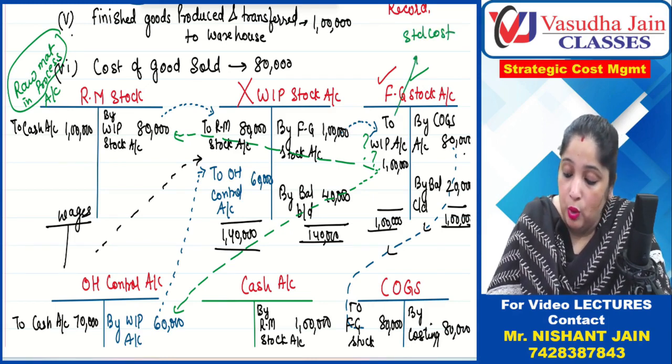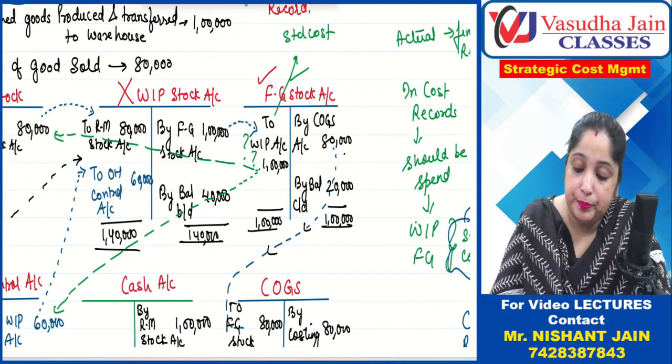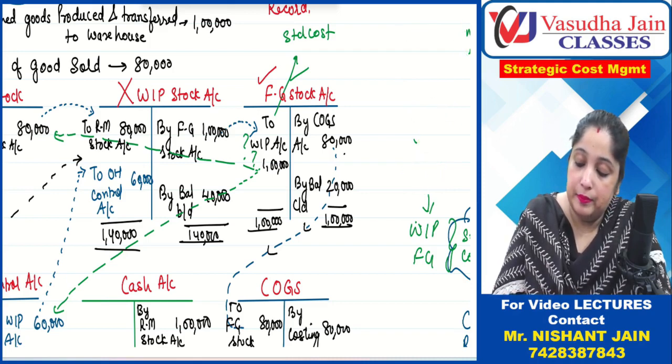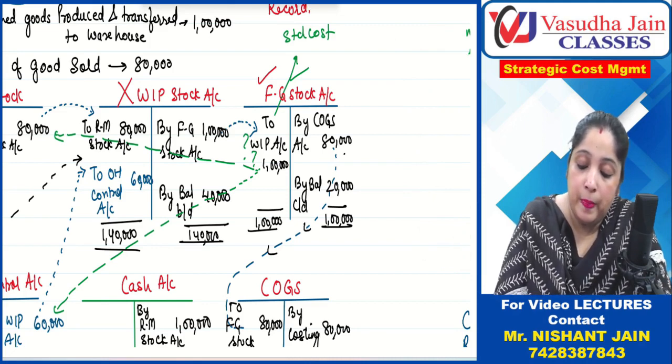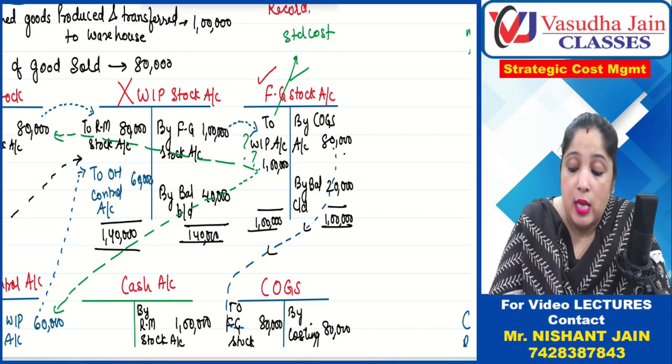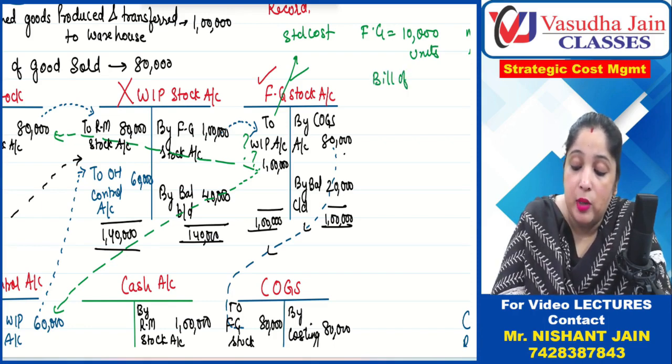Now if you want to know how, suppose finished goods produced are 10,000 units, and you know the bill of material. What is the bill of material?